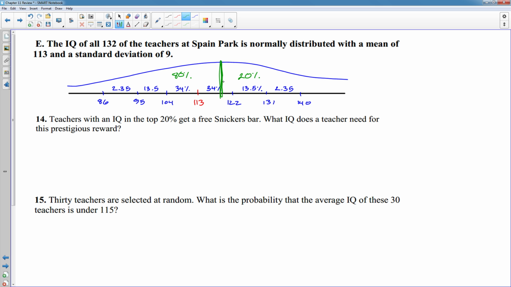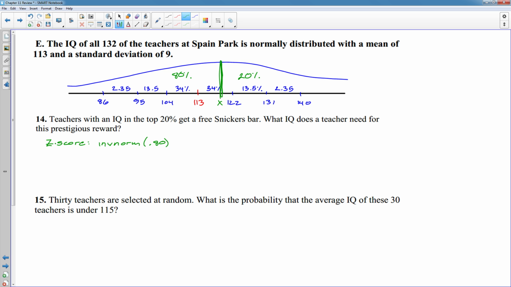If you have a percent and you want the associated z-score, which we will then work back to get the associated IQ, you always look at the percent that's less than what you want. That's what we're looking for. We want the percent less than that. And the way we get the z-score, if you have a percentage, is you do the inv-norm command, and we want to be at the point where we are better than 80%.